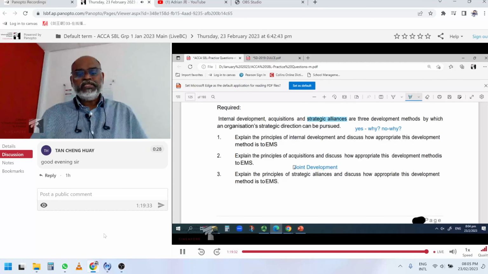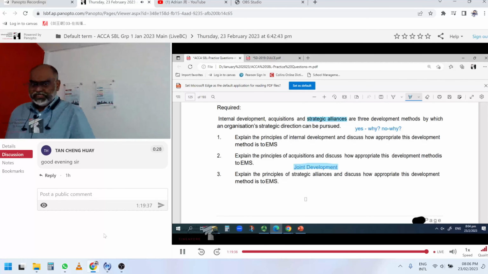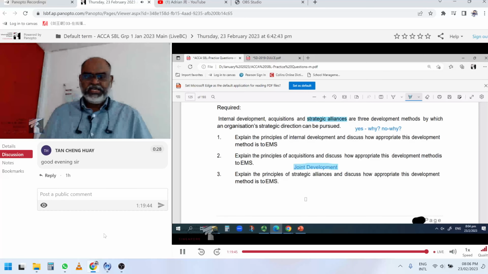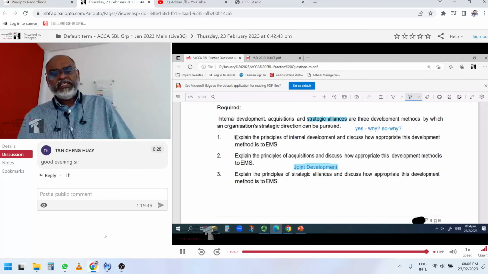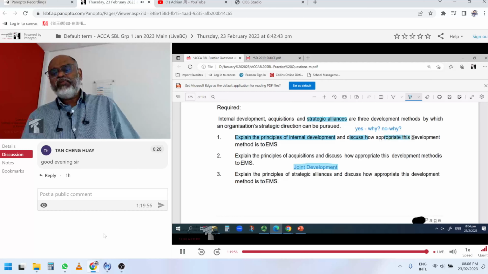Strategic alliances is also joint development. Internal development, acquisitions and strategic alliances are three development methods by which the organization's strategic direction can be pursued. So the first part is easy. Explain the principles of internal development and discuss. Discuss means you must say how appropriate this development method is to EMS. If you think it is suitable, you must say why. If it's not suitable, why it's not suitable.